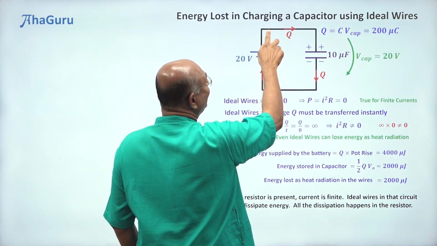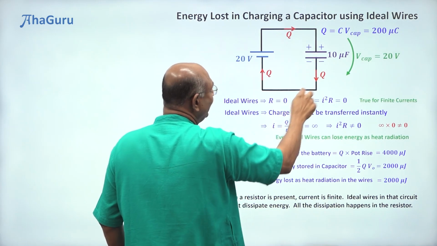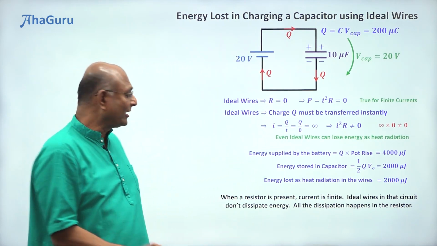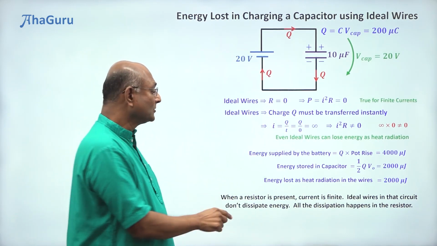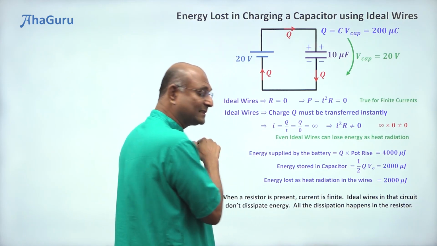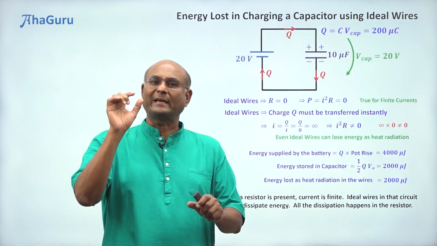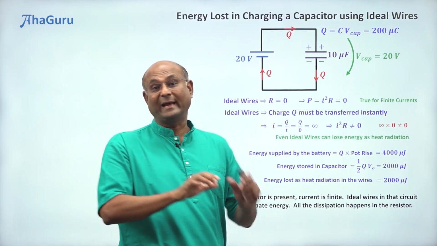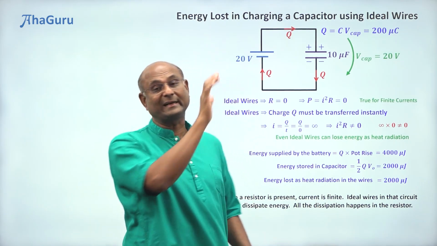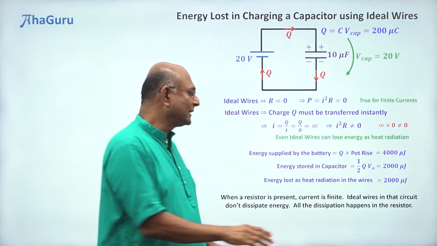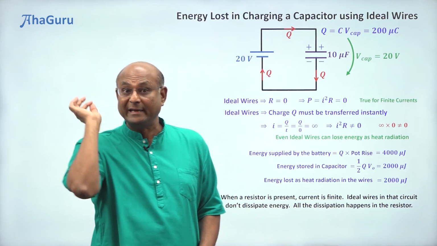So if this part had a resistor, the remaining ideal wires will not dissipate energy, and all the dissipation will happen in the resistor. Whenever there is a circuit with a resistor, the energy is being dissipated in that resistor, and you can ignore the dissipation that happens in the ideal wire.